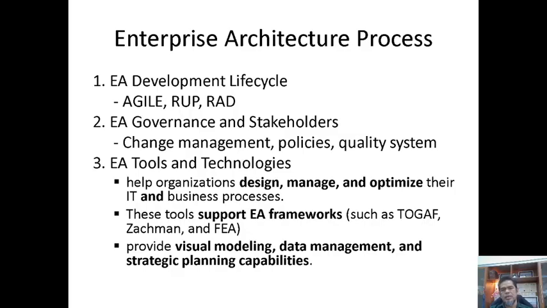Another one is EA governance and stakeholder. This is a process when you want to develop the architecture of the application. You need to know the policies, change management, and also the quality system in the process.